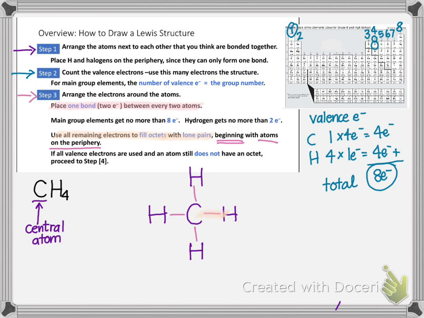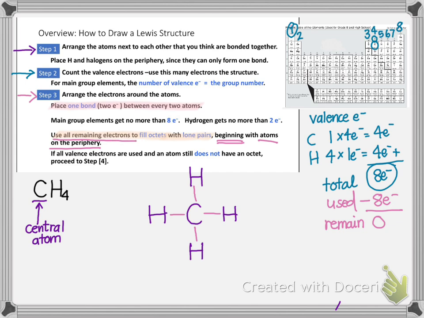So I used 8 electrons connecting single bonds. Then if I say minus 8, because that's what I used, do you see that I have 0 electrons remaining? So when this says use all remaining, I don't have any.